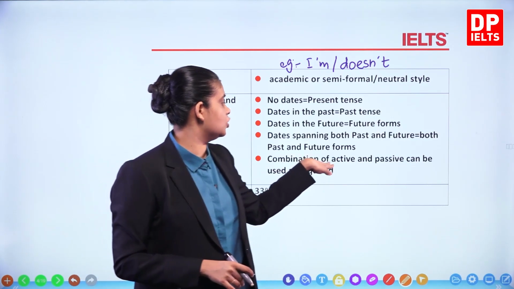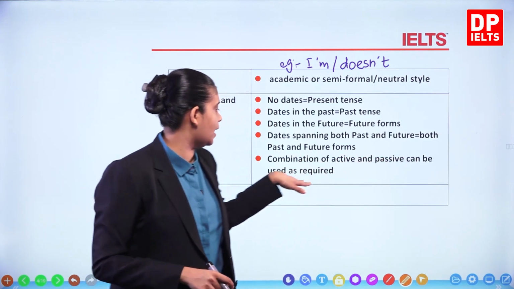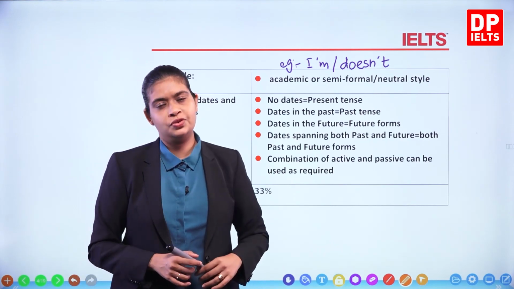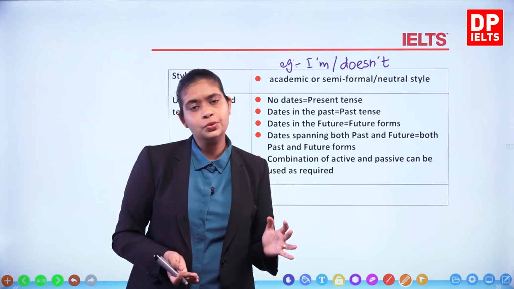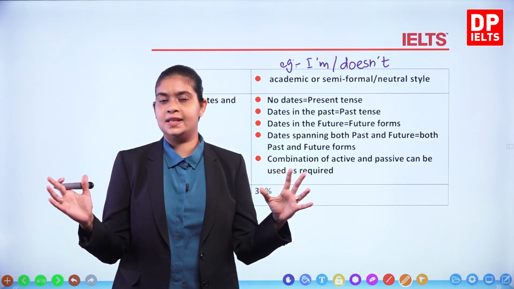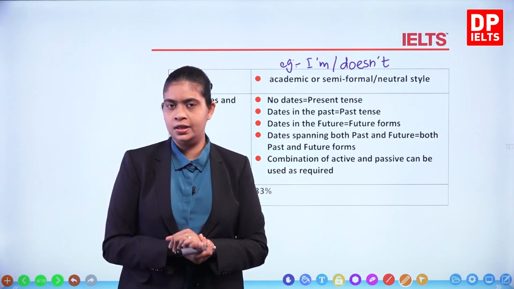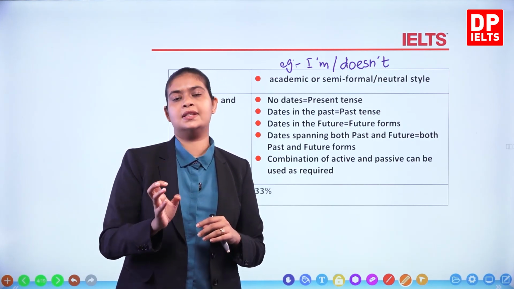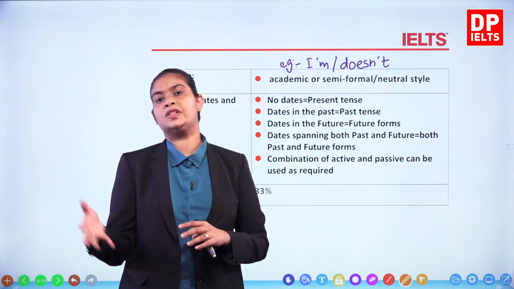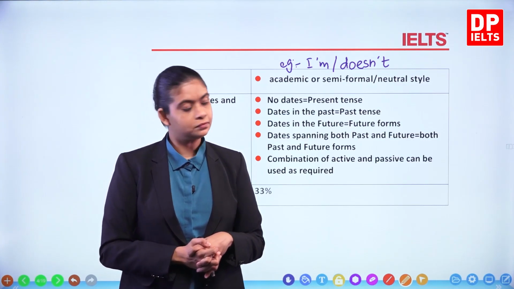A combination of active and passive can be used as required, okay? I'm not saying you have to use this. All I'm saying is that a combination is required. So depending on your task, depending on your sentence structure, you could start writing it.